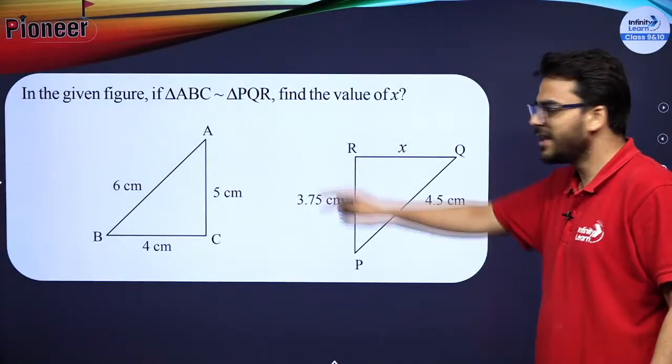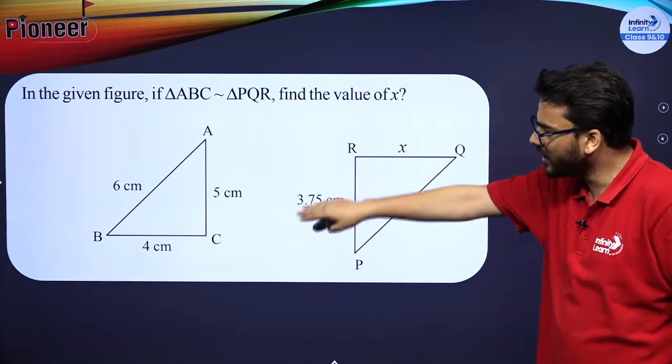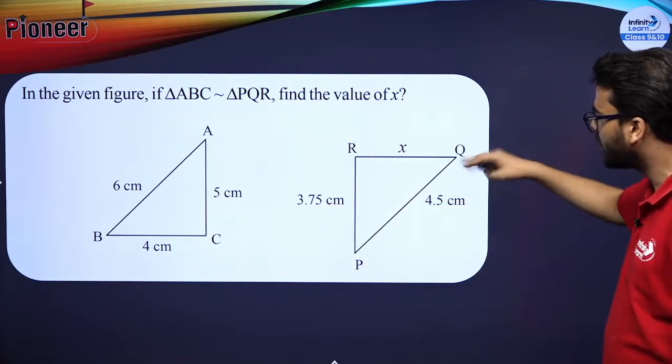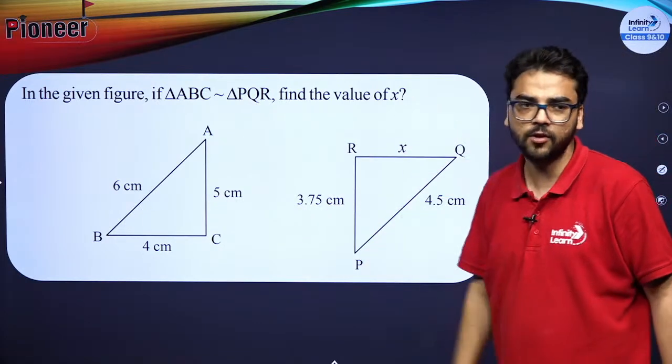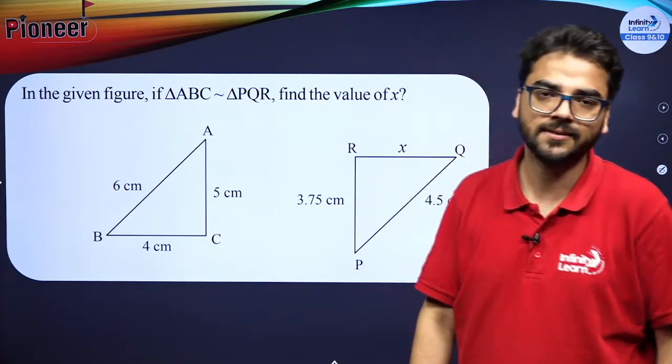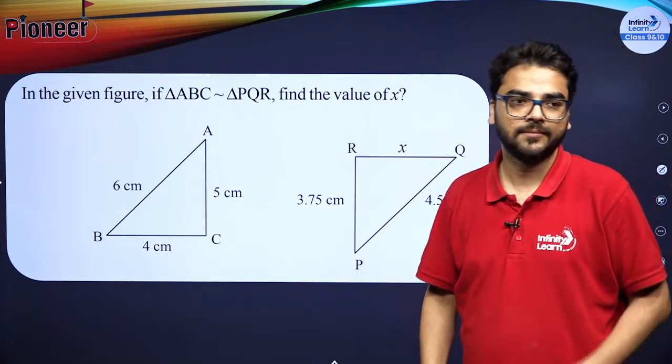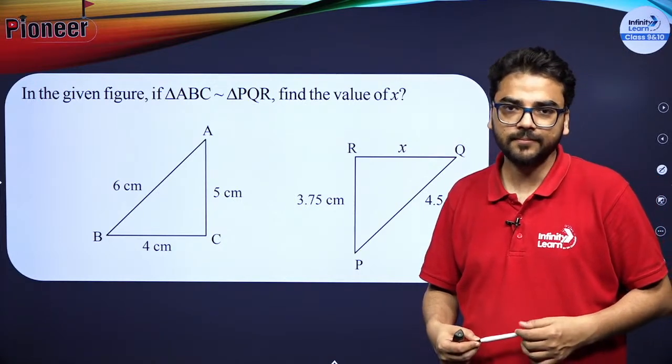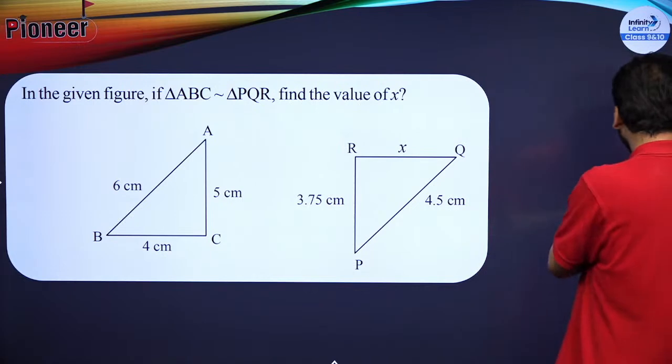Okay. So in the given figure, if it is given that triangle ABC is similar to PQR, so we have to find the value of x. So can you tell me which one is correct out of the given options, guys?